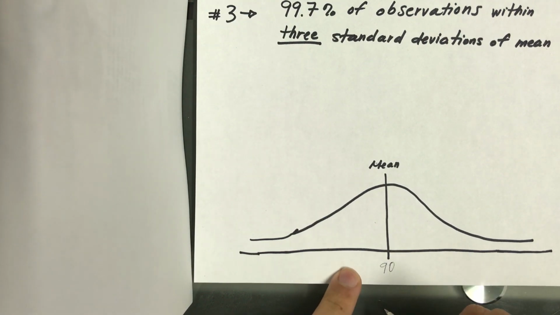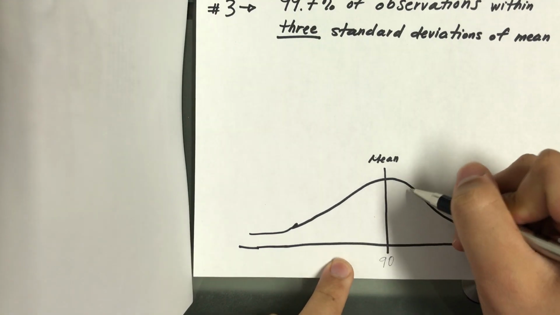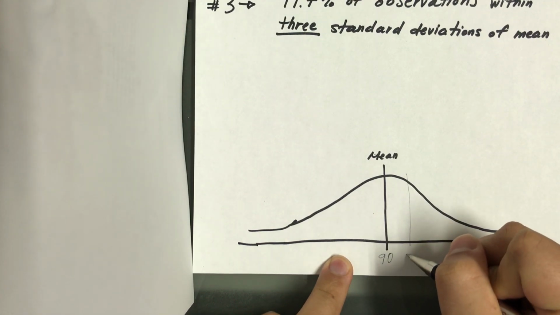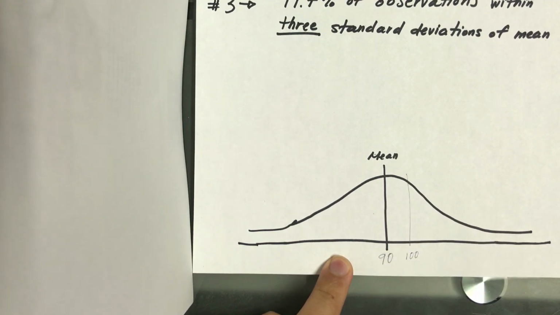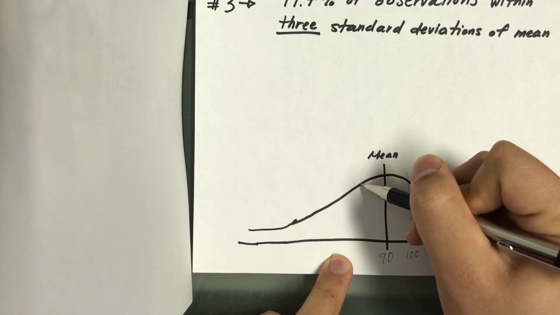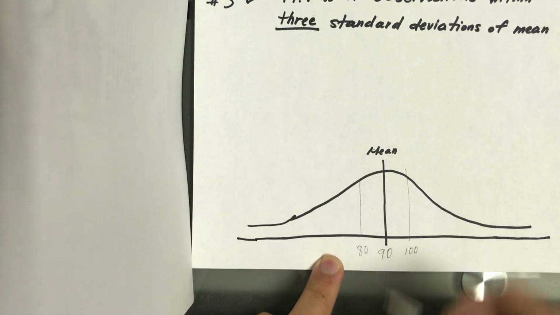So we have the mean of 90. If we have a standard deviation of 10, we're gonna go to the right, and we are gonna have a 100 right here. That's one standard deviation from the mean. And then we also do that to the left. So we go left from the mean, which gives us 80.